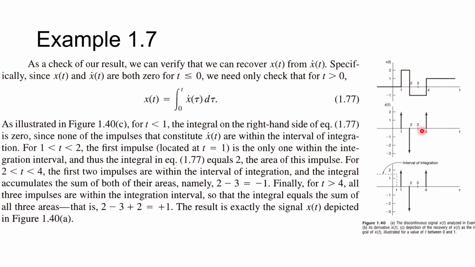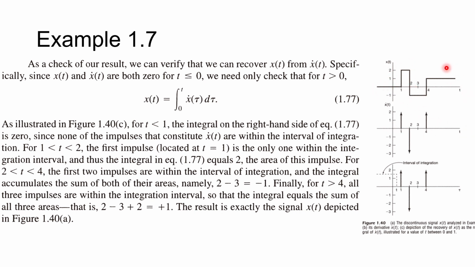And finally you integrate over the third spike, so that's 2 - 3 + 2, and that gives you +1. So you check that this integration also works.